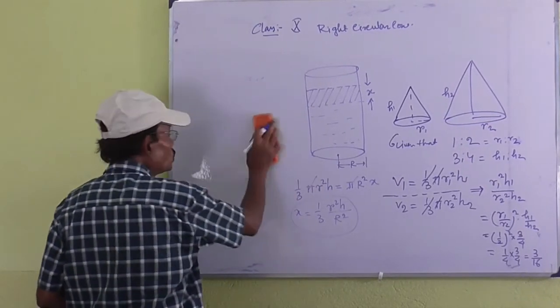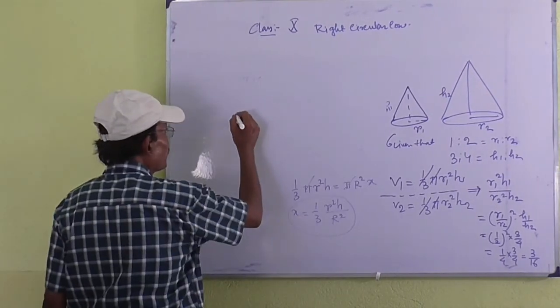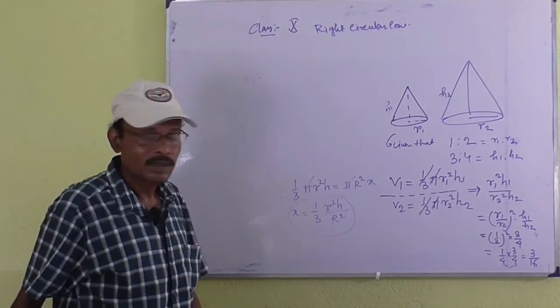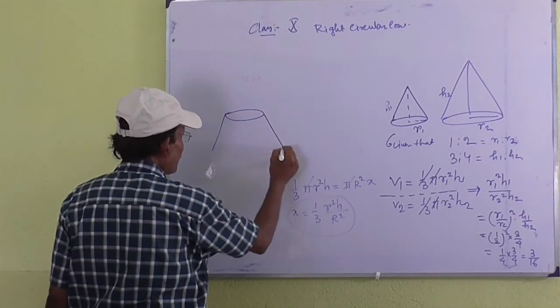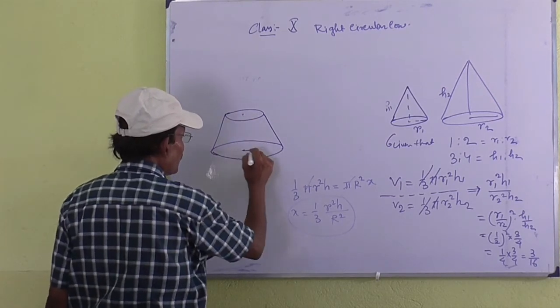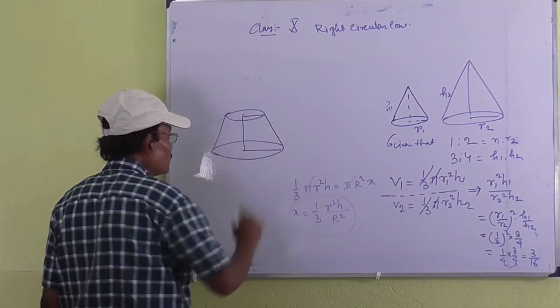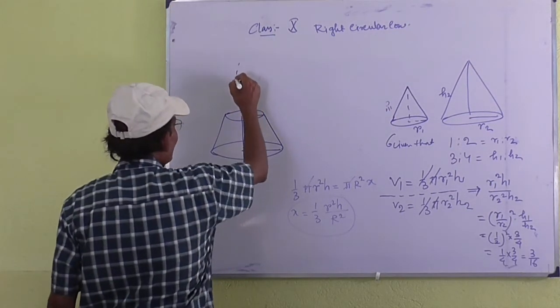Another portion of the right circular cone is frustum. Frustum is like this. This is frustum. Clear?